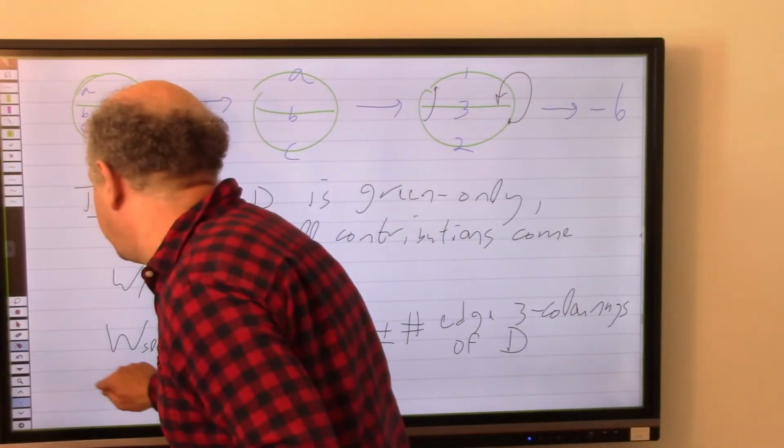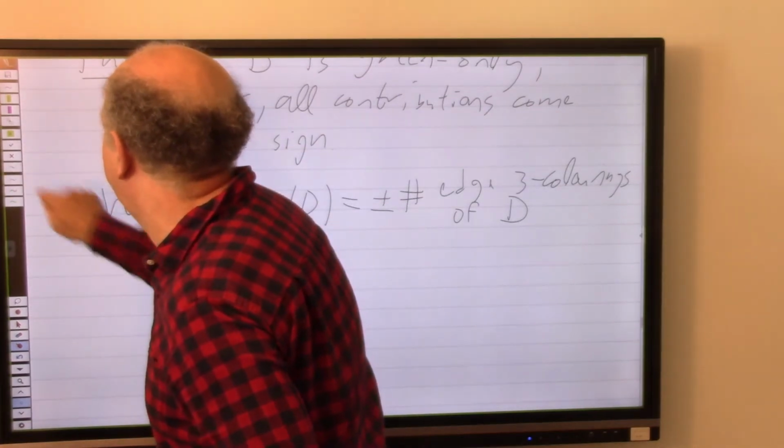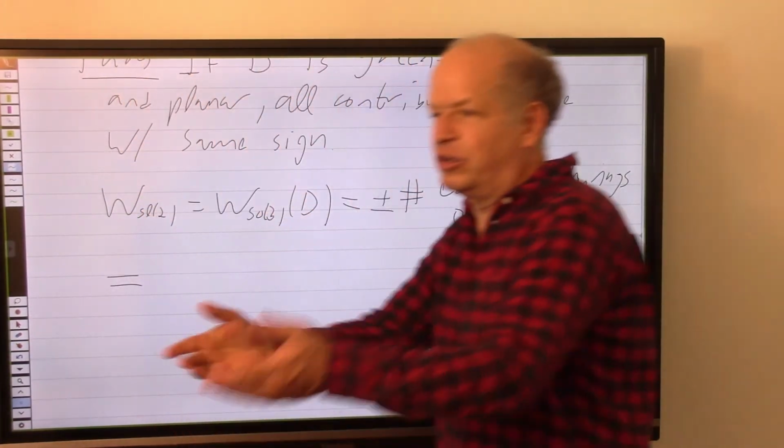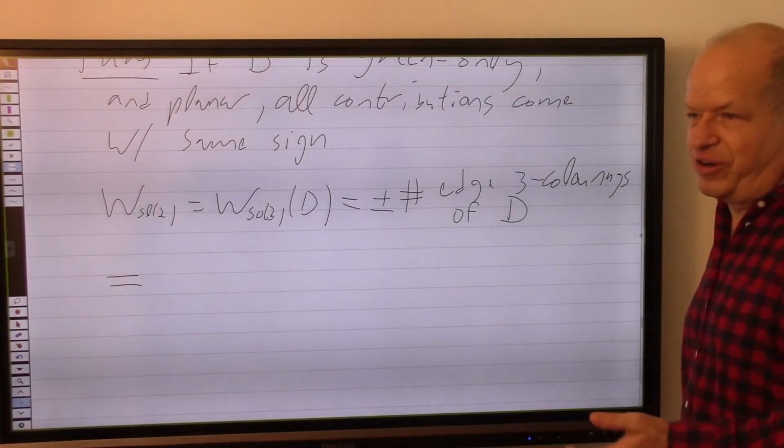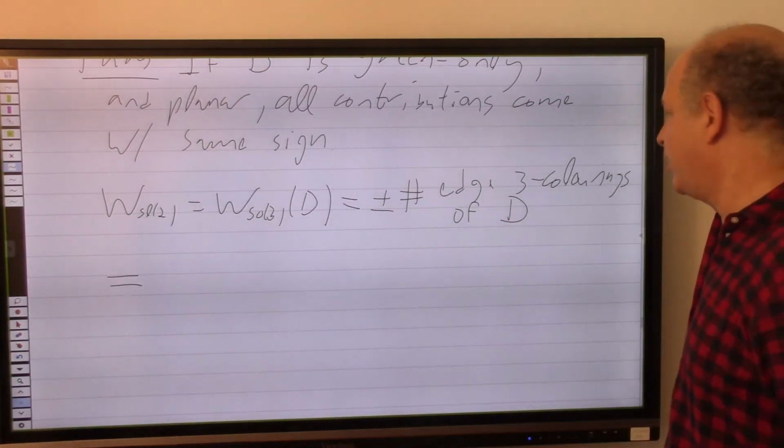And a well-known theorem from graph theory, maybe, depending on you, you have to tell me if I should go there or not. But then it will be next time because we're out of time.